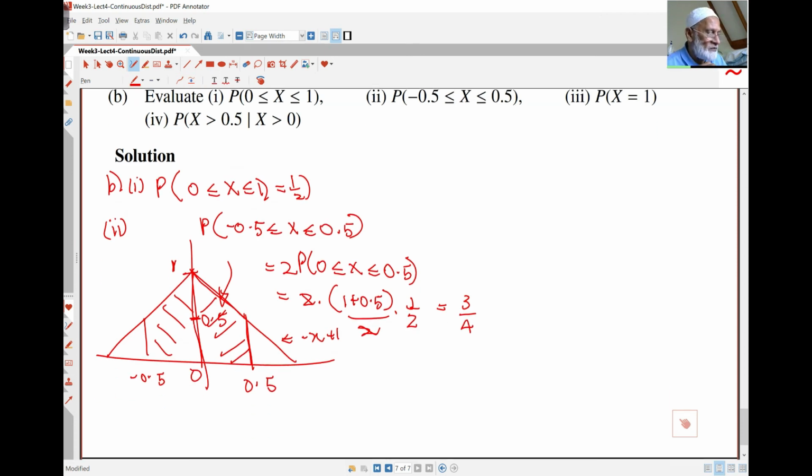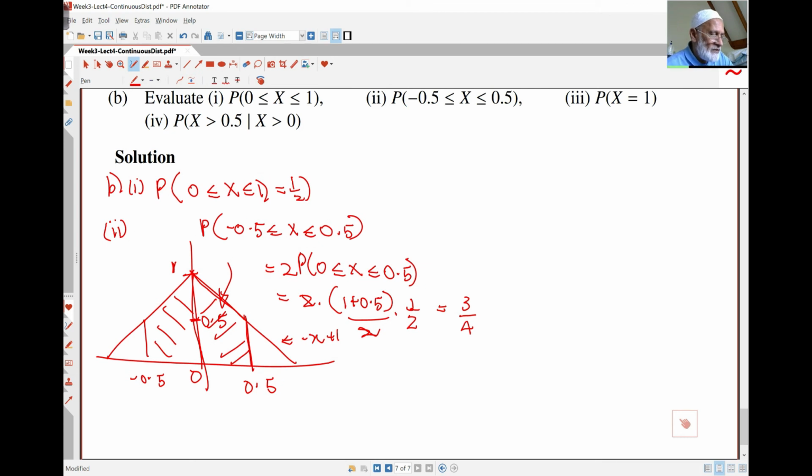There's another way of doing this problem. Instead of working out the area in the middle, I can work out the end bit. That end bit is a triangle with a base of a half, between 0.5 and 1, and the height is also a half, so half times a half times a half comes to an eighth. This side, by symmetry, also comes to an eighth.